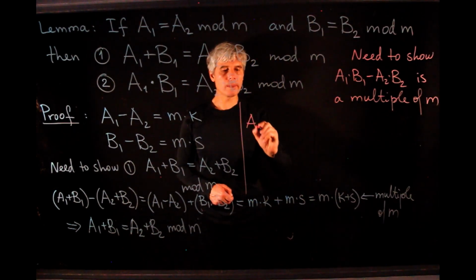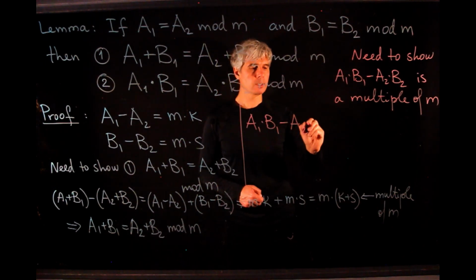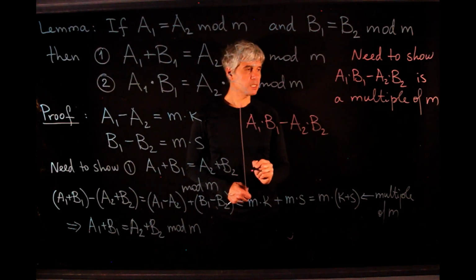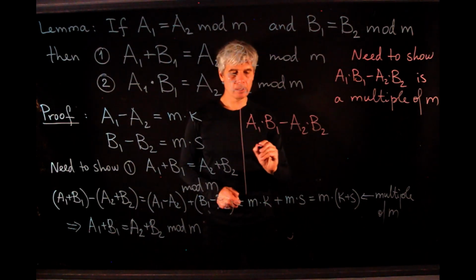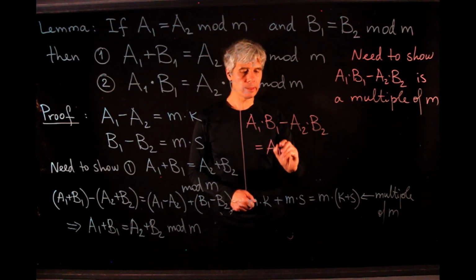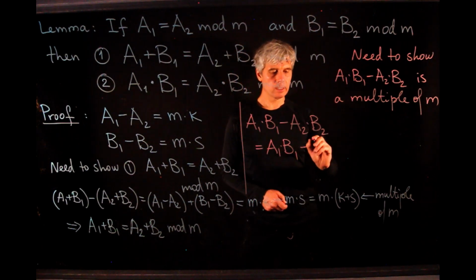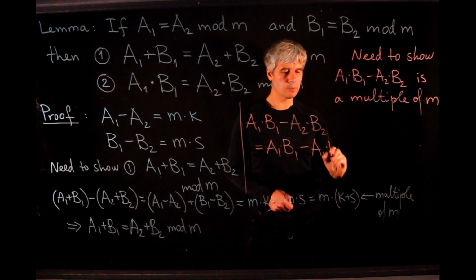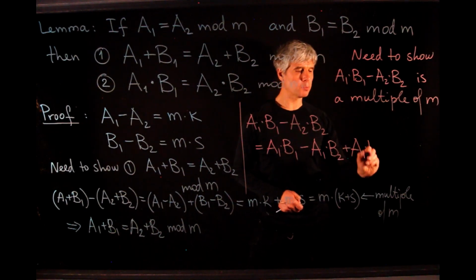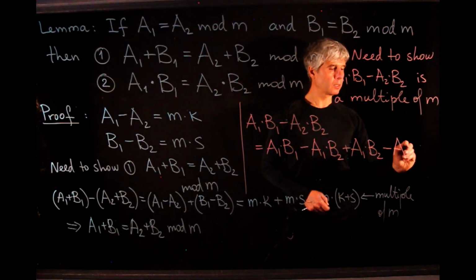So A1 times B1 minus A2 times B2. So there is a little trick that we do. So we write this as A1 times B1 minus A1 times B2 plus A1 times B2 minus A2 times B2.